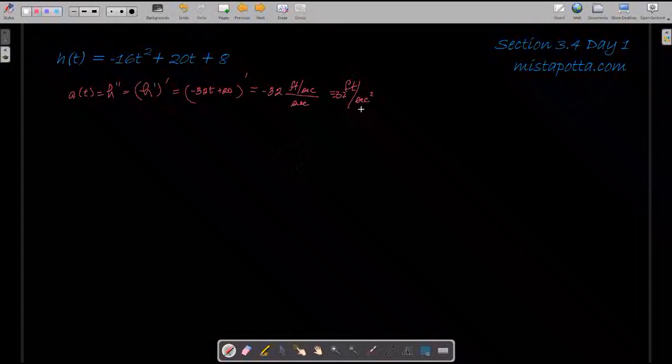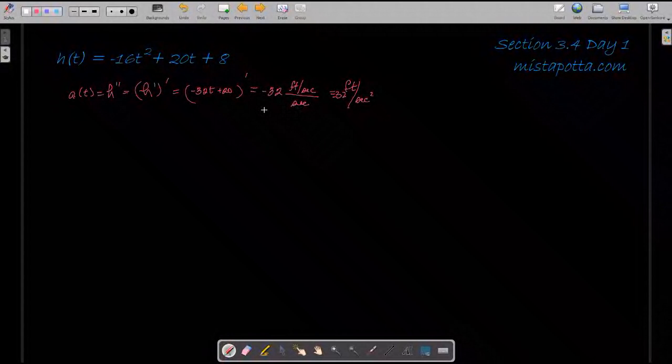So I'm falling 32 feet per second squared, even though what's happening is my velocity is changing by a certain speed each second. So that's what acceleration is.